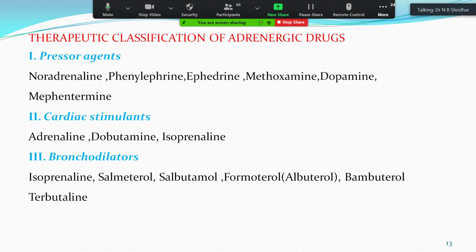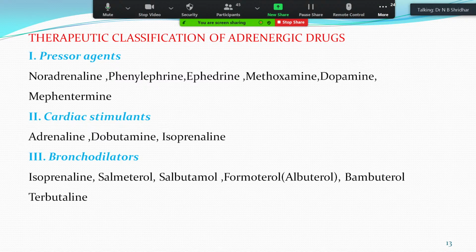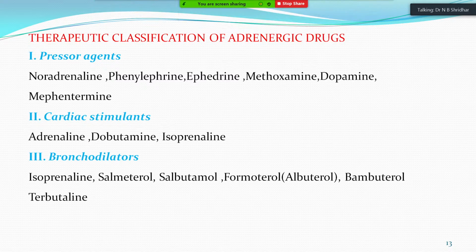And the bronchodilators, of course isoprenaline, which also acts on the heart, and also salmeterol, formoterol, or albuterol. Among the bronchodilators, these are the drugs: salbutamol, that's albuterol, bambuterol, and terbutaline, available as Bricanil, and it's very specifically used in asthma patients, because it's a very specific bronchodilator.